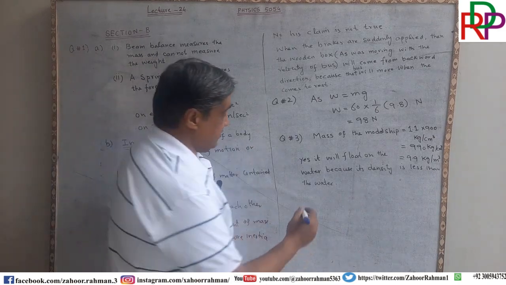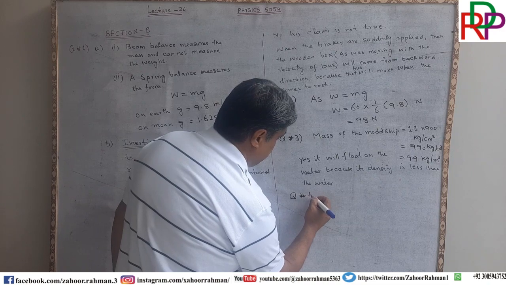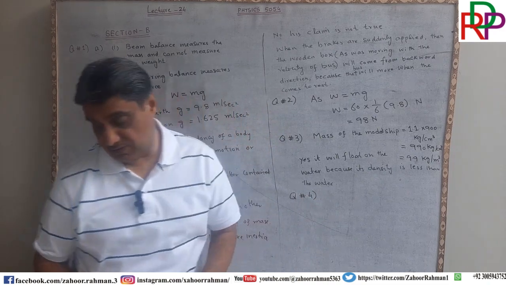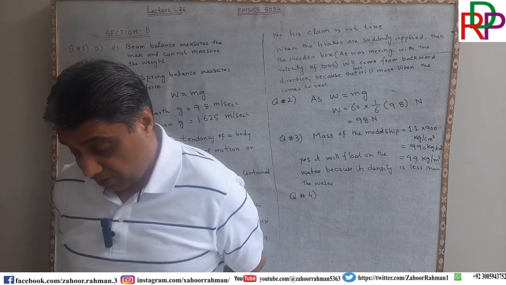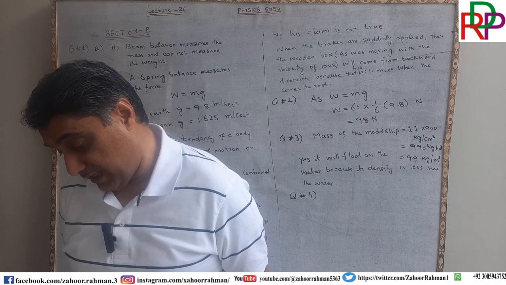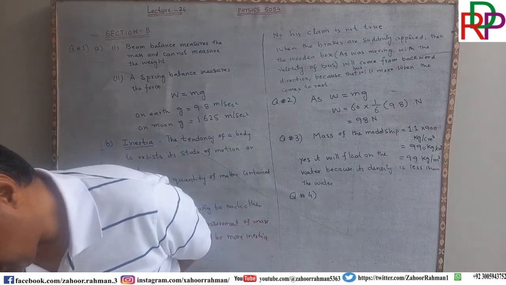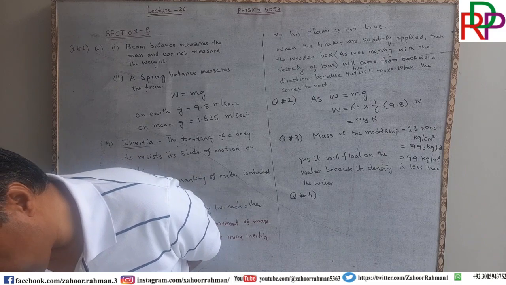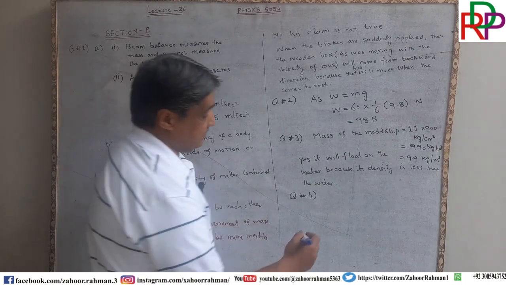Now question number 4. We are going to solve question number 4. The safe operates the M113 Ultra APC. This armored vehicle has a mass 1.15.